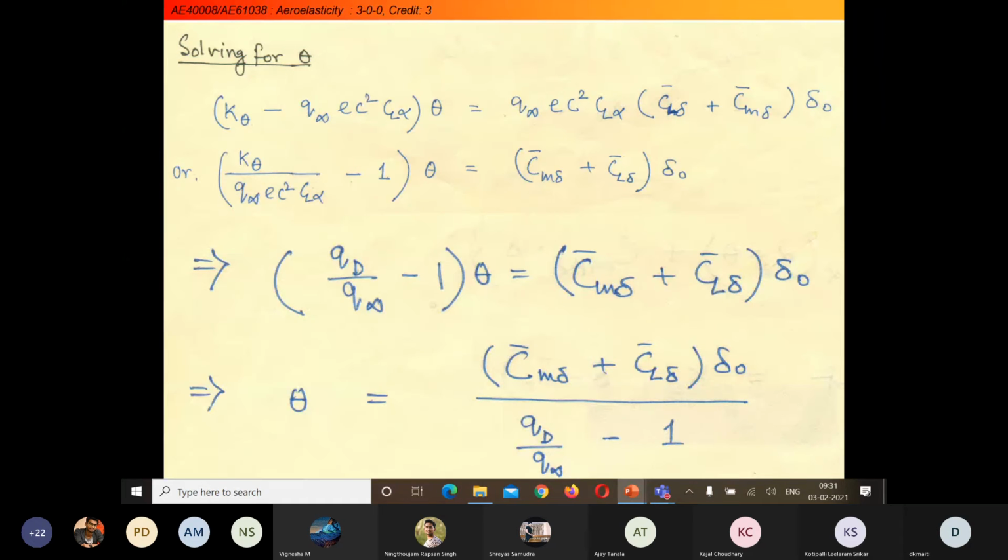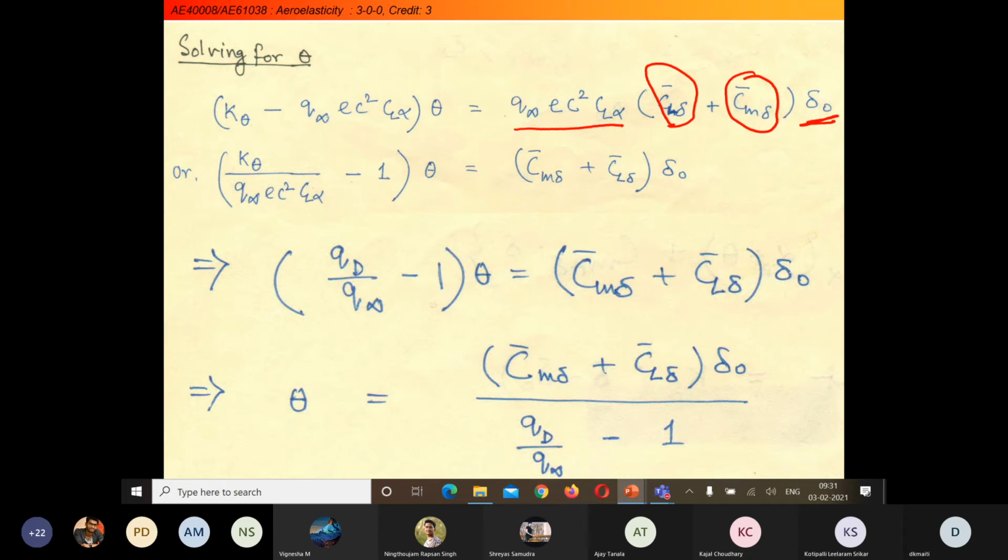So k theta minus Q infinity e c square CL alpha into theta, that multiplied by theta, equal to Q infinity e c square CL alpha multiplied by CL delta bar and CM delta bar, that multiplied by delta naught.